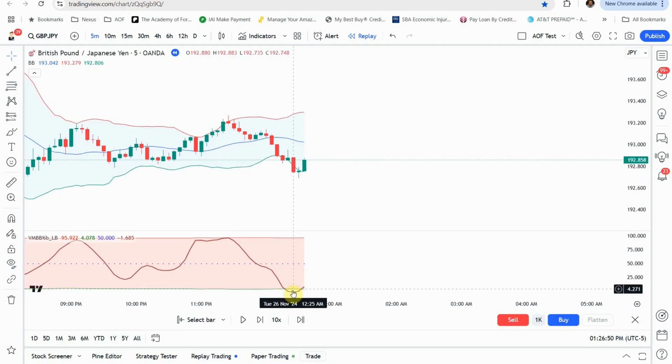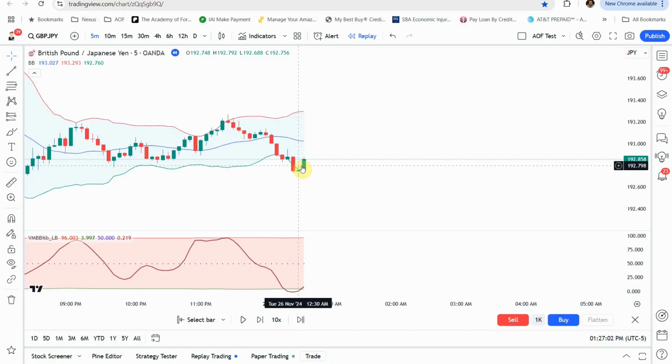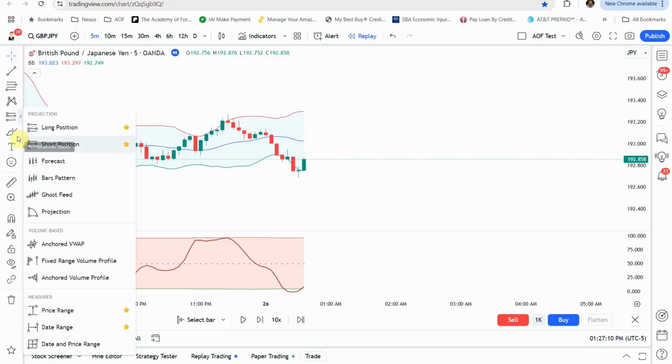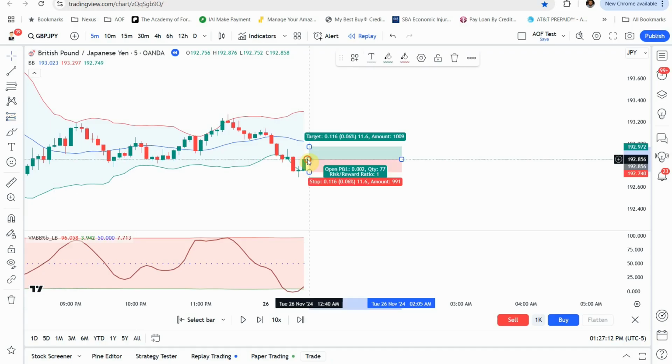At the same time, the Vervoort indicator is also breaking to the downside below that lower band right here. And then we're looking for the first green candle to close back within the Bollinger Band, this one right here as an example. And that'll be our signal to then enter into a long.